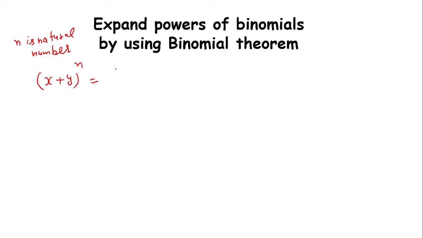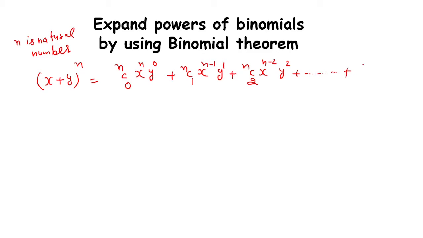The binomial theorem is nC0 x power n y power 0, plus nC1 x power n minus 1 y power 1, plus nC2 x power n minus 2 y squared, and so on till the last value. What's the last value here? nCn x power 0 and y power n.